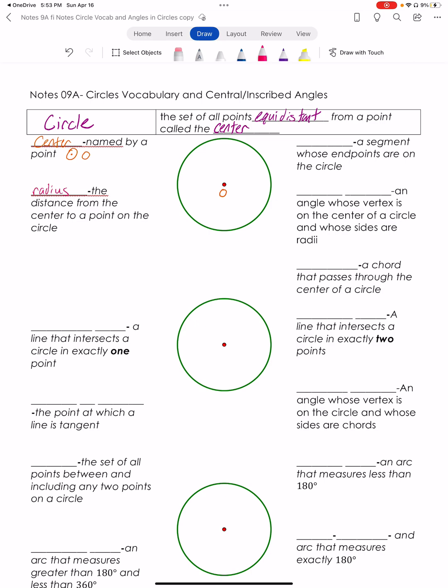Okay. So if I have from O to, let's say, D, OD would be a radius.